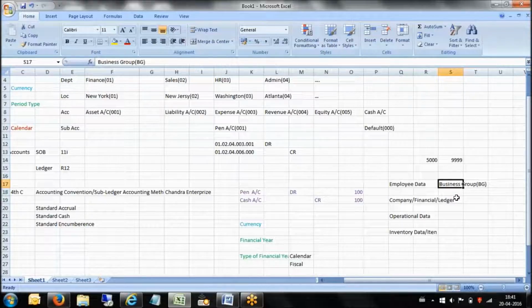Business group is the organization which is used to secure employee data in any organization. If the business says that we want a centralized database of employees, then they can have one BG.